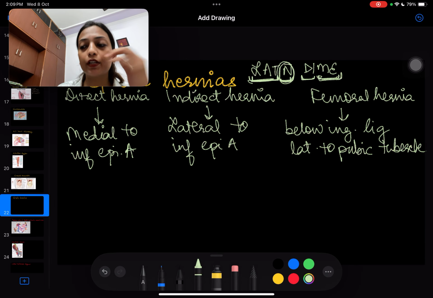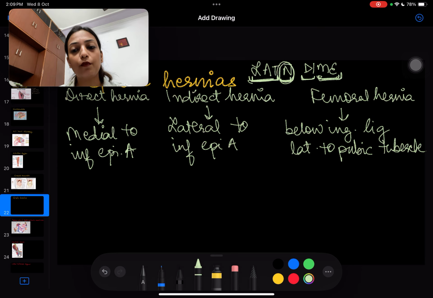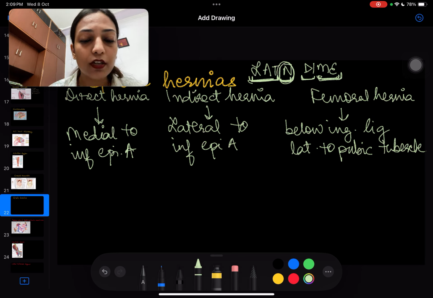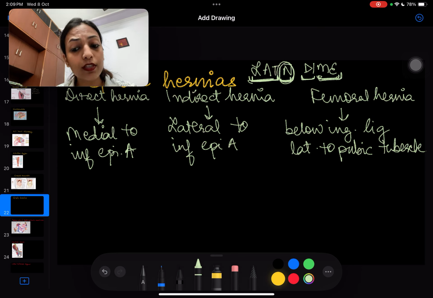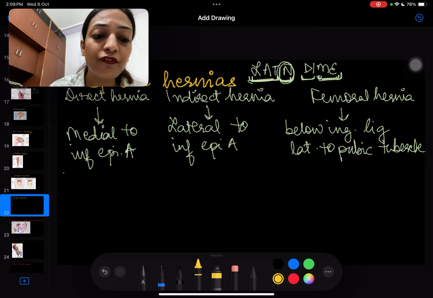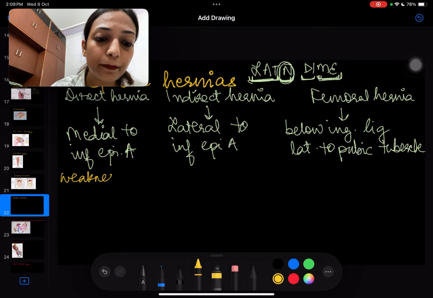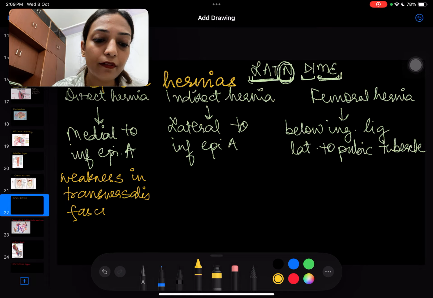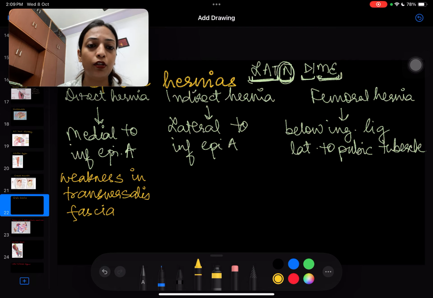Okay, now let's talk about cause. Femoral hernia, we don't know any causes. Direct and indirect hernia have their own set of causes. Okay, so direct hernia cause is the weakness in transversalis fascia. Okay, please remember that the fascia transversalis is weak, and that is why loop of intestine is able to come out through it, and that is how hernia occurs.